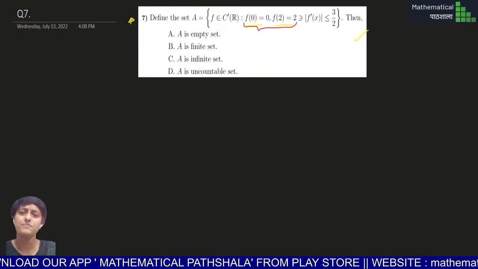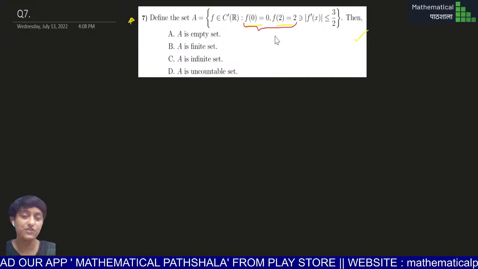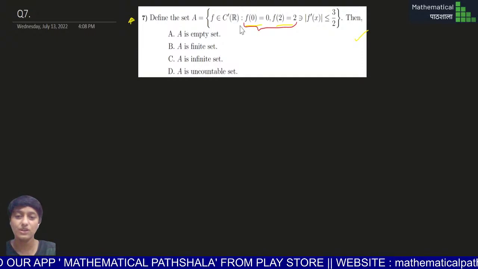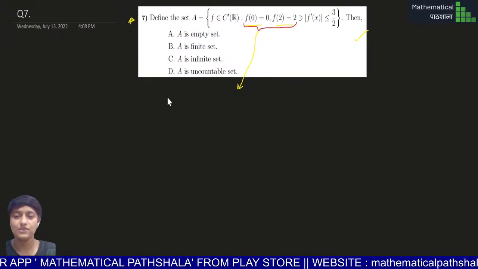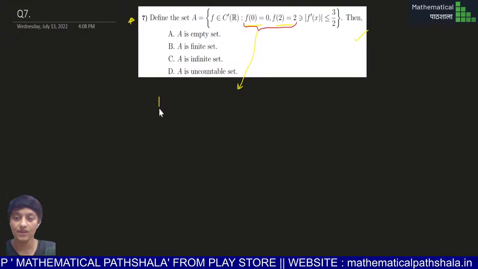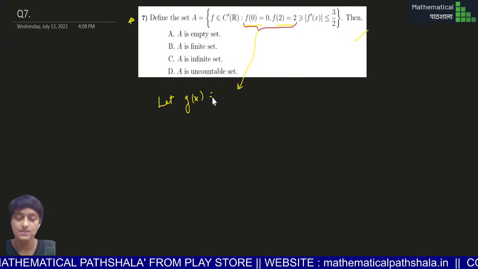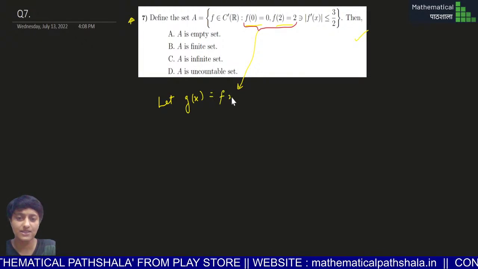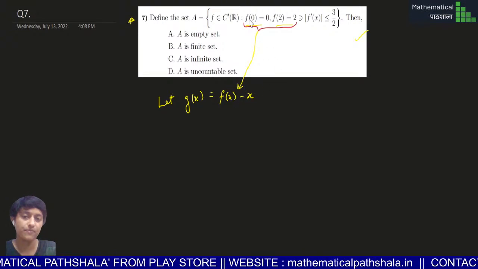This indicates something of a fixed point, right? So from here we get an idea. We consider a new function g(x), which we will make somewhat like the fixed point, like f(x) minus x.